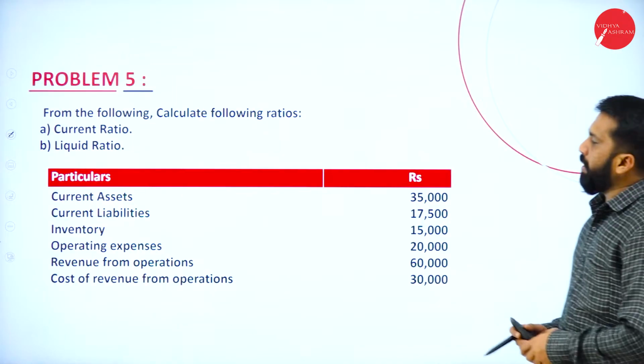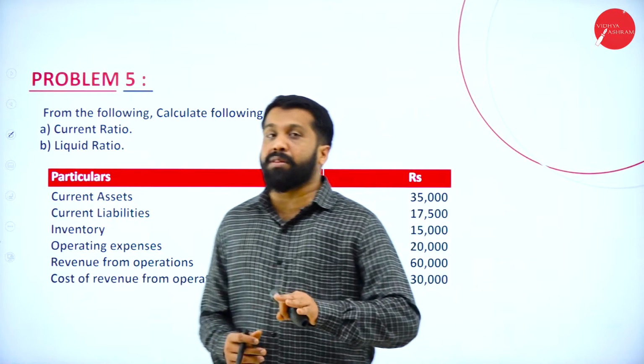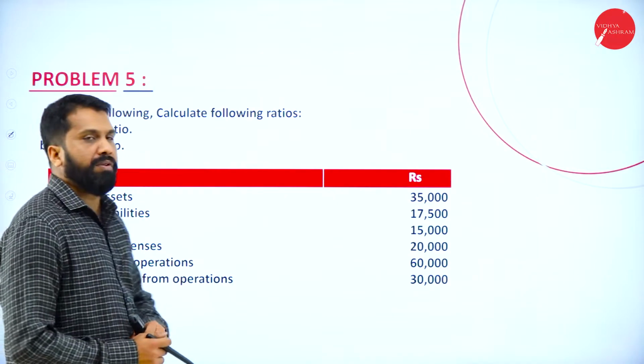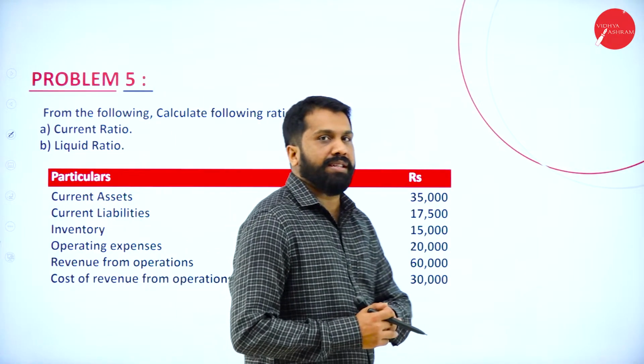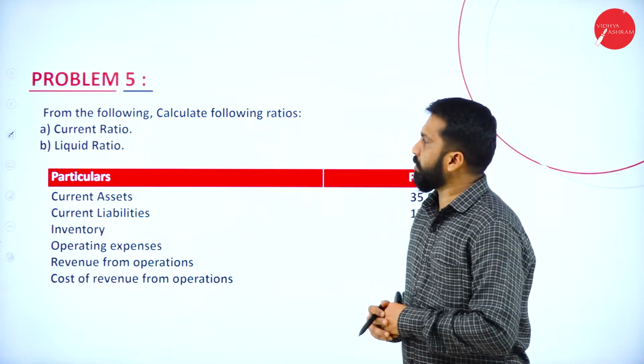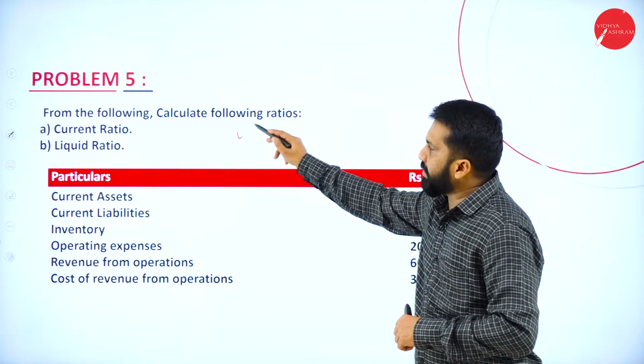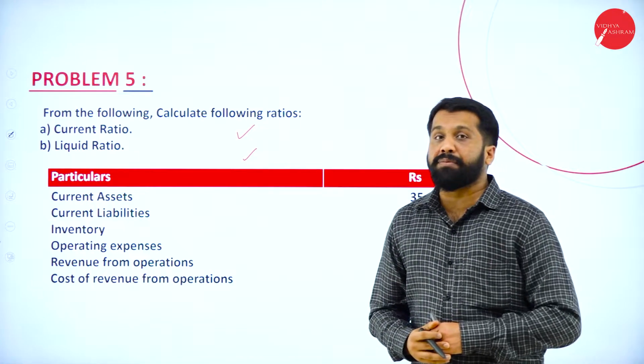Now we are into the last problem for the day, problem number 5. Whatever information we have, try to calculate the current ratio and the quick ratio. From the following, calculate the following ratios: one is current, another one is liquid ratio.